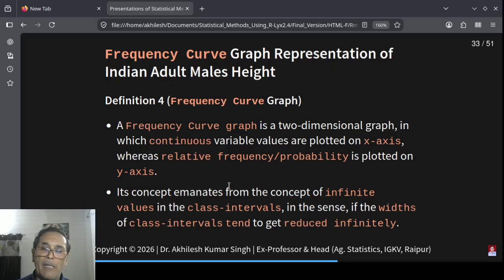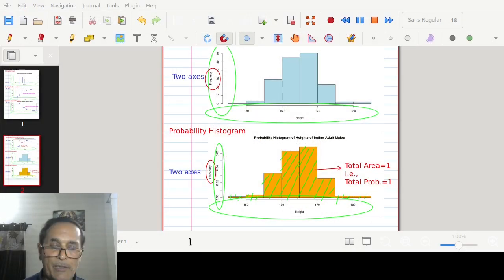This is a very important concept. Let me go to our presentation; here I shall tell you. This is the class interval. Suppose we increase the size of the Indian adult males sample, and thereby we will have reduced class interval sizes because there will be more data.